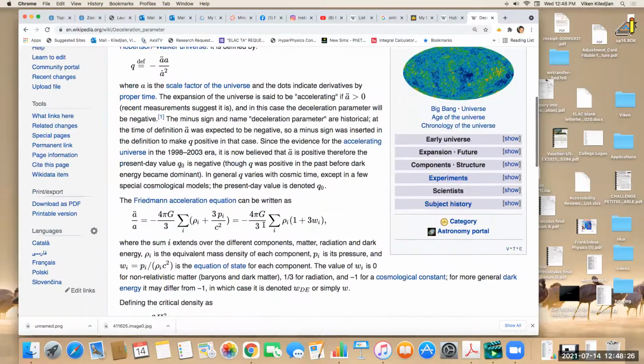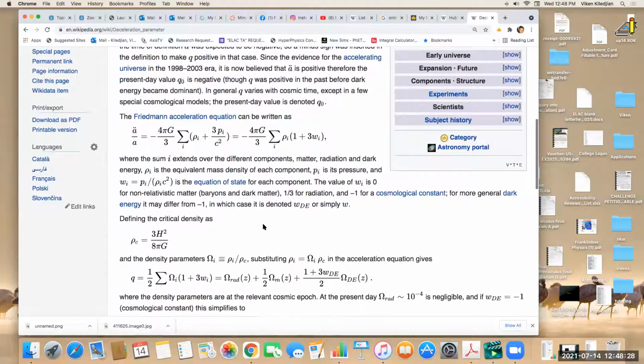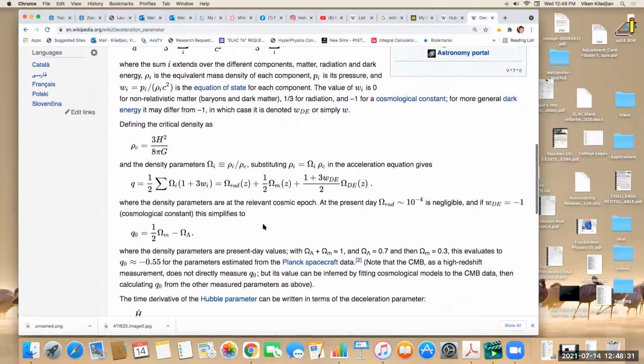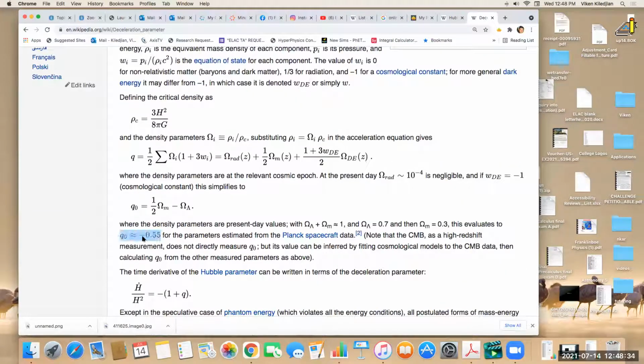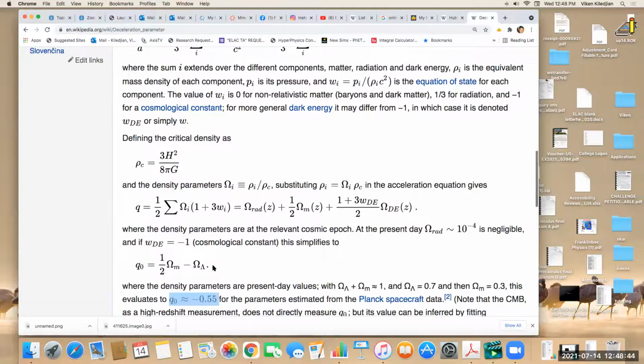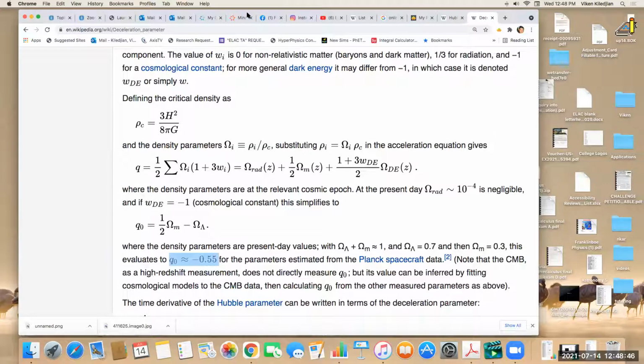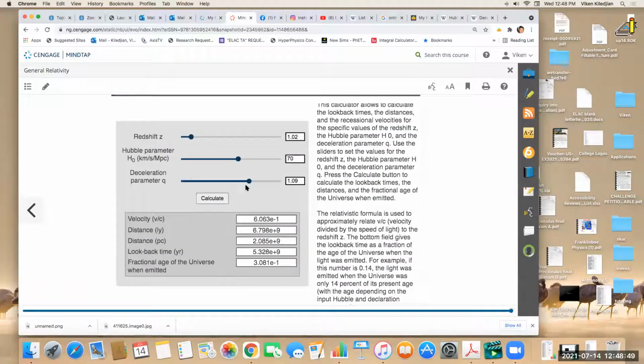There are big long equations for it, but the deceleration parameter is negative right now, the present value, which literally means that the universe is not actually decelerating, but it's actually accelerating. We live in an accelerating universe. But unfortunately, here, they don't give us a negative option for the deceleration parameter. So we could use deceleration 0, which means the universe is expanding at a constant rate.